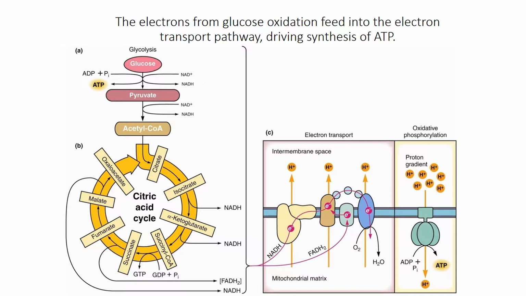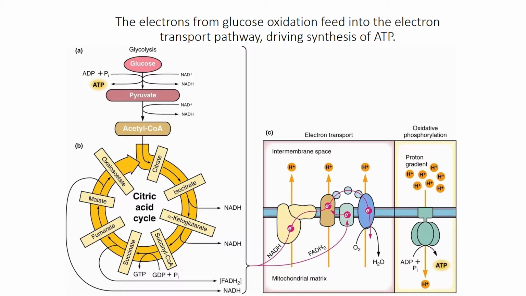FADH2 and NADH are in the reduced state when they carry electrons to the electron transport chain, where they transfer those electrons and then become oxidized. The electrons that are transferred participate in sequential oxidation reduction reactions in redox centers in the 4 enzyme complexes before they finally reduce molecular oxygen to water.